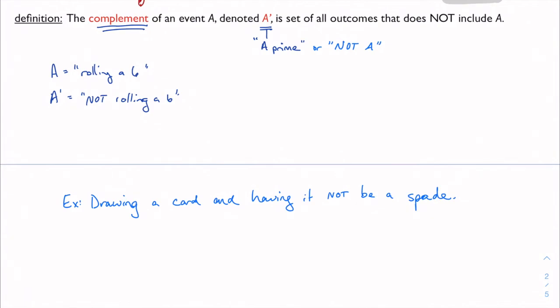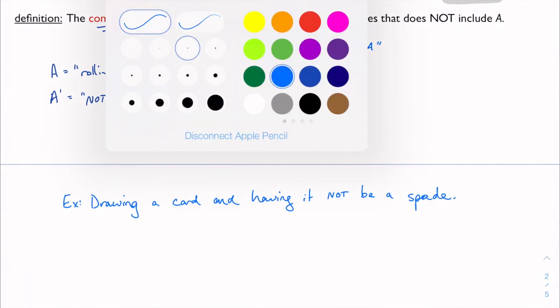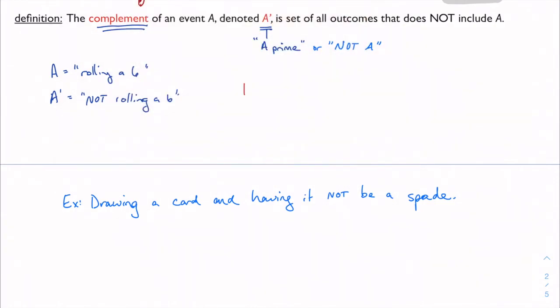So what does this mean for us? Well, the practical bit of this is to say that the probability of A prime is 1 minus the probability of A. Something can either occur or not occur, but my probability must equal 1, so this is how I would look at it.